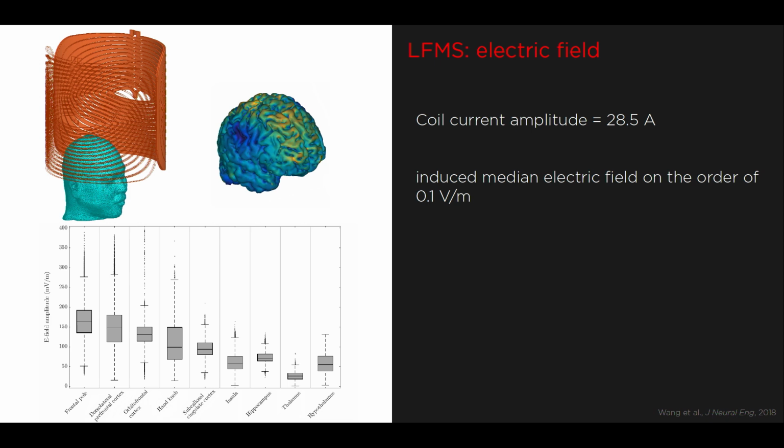The electric field is quite diffuse and non-focal. And the induced median electric field is on the order of 0.1 volt per meter, which is orders of magnitude less compared to the conventional TMS, which is on the order of 100 volts per meter.